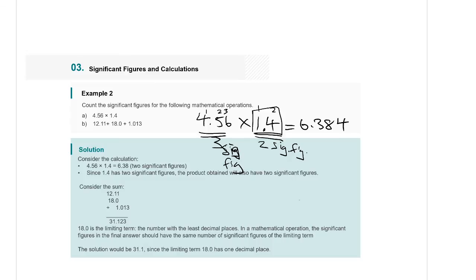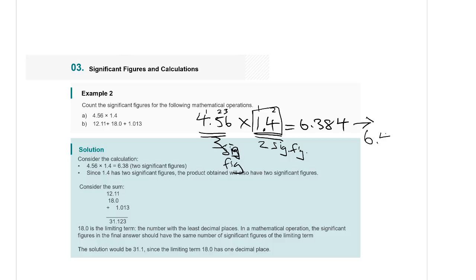So for this case, we have 3 and we have 2, and we're going to choose 2 significant figures for our result. Therefore we have to convert this into 2 significant figures.